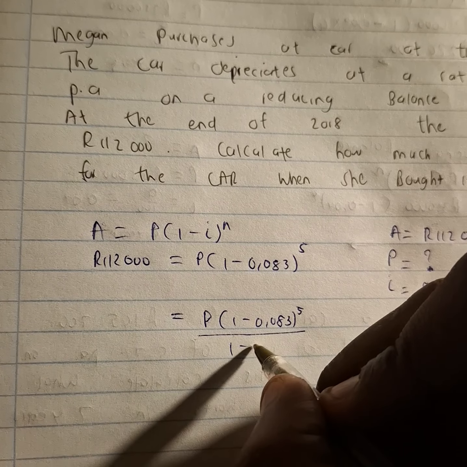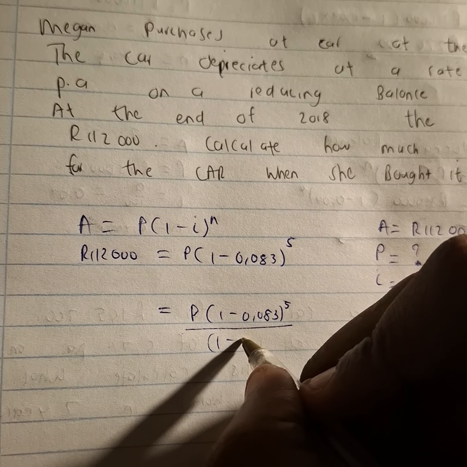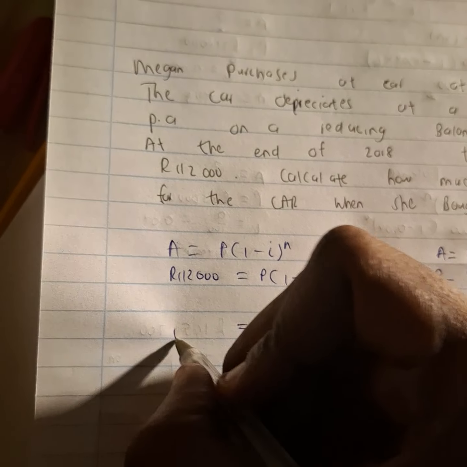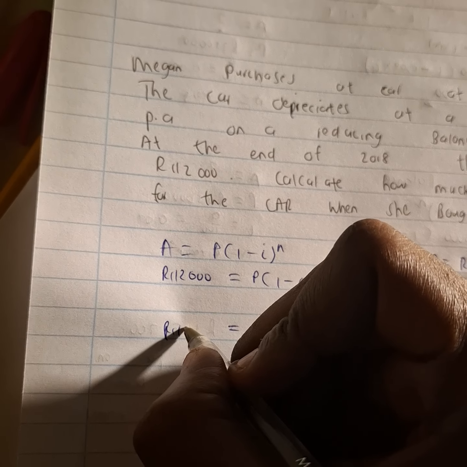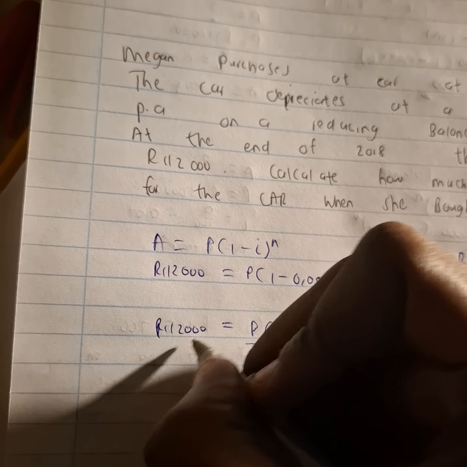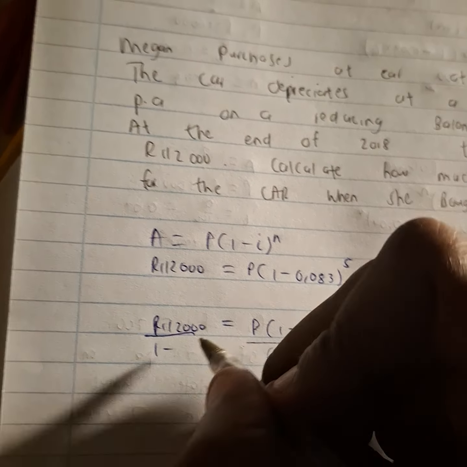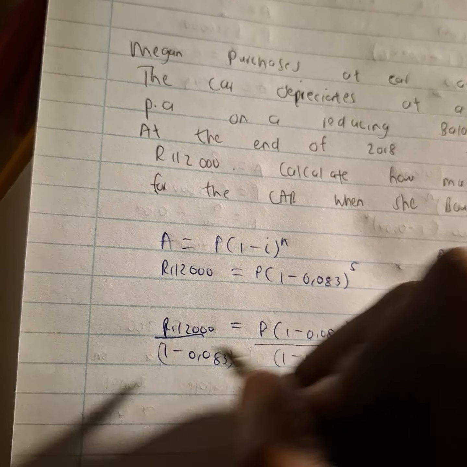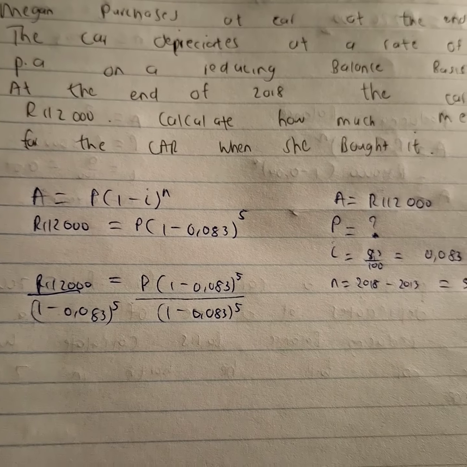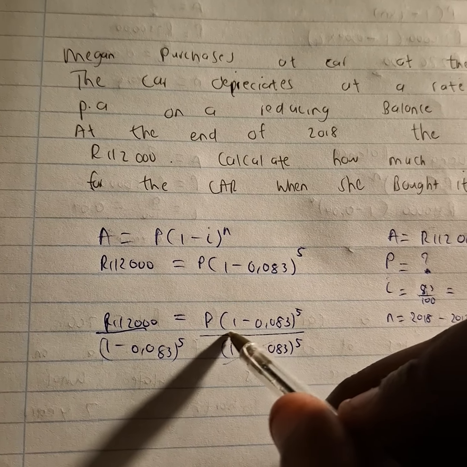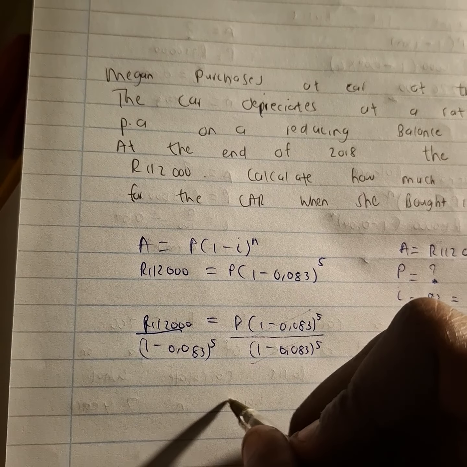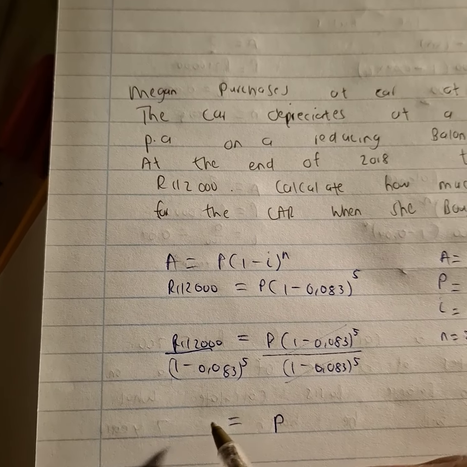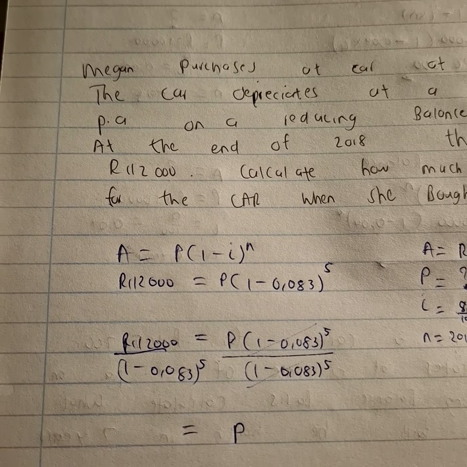So what we do is we divide both sides by what we see in brackets. Obviously this would lead to this cancellation. That means P will be isolated. We just use our calculator and punch that in, and we should be able to get the amount.